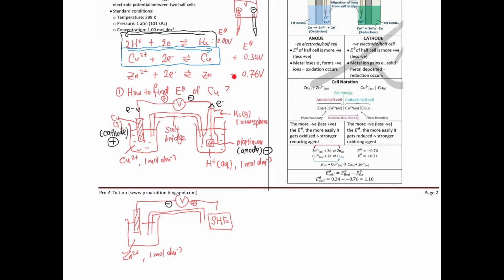But how do they decide it is negative? It is negative because the voltmeter uses the negative terminal connected to the zinc. So you have to put the negative together. It is determined by the voltmeter. We use this way to decide.